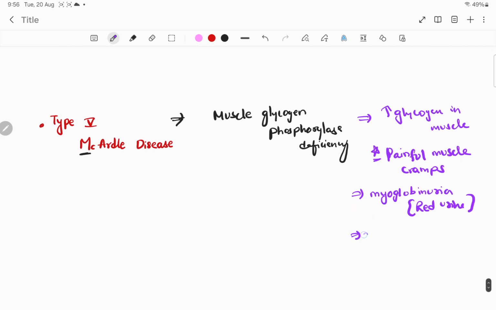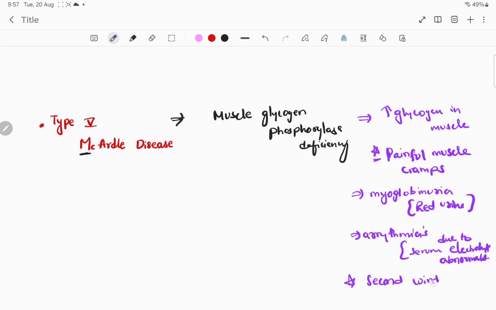Patients also present with arrhythmias. Arrhythmias mainly occur due to serum electrolyte abnormalities. And lastly, the second wind phenomenon is also seen in McArdle's disease.